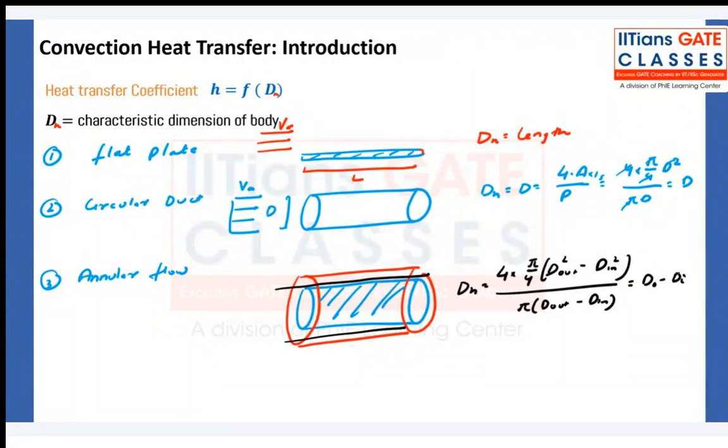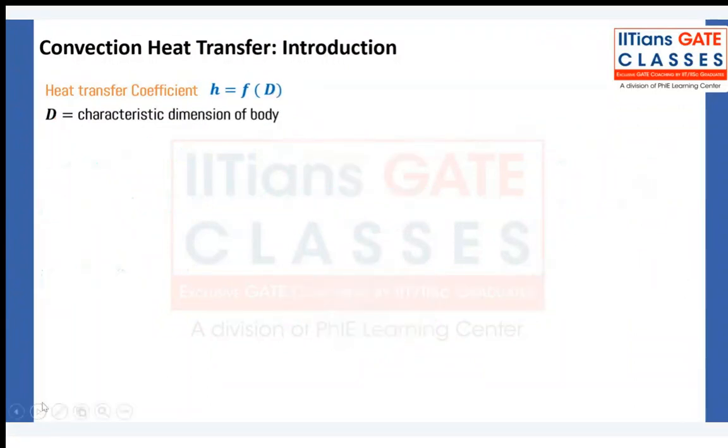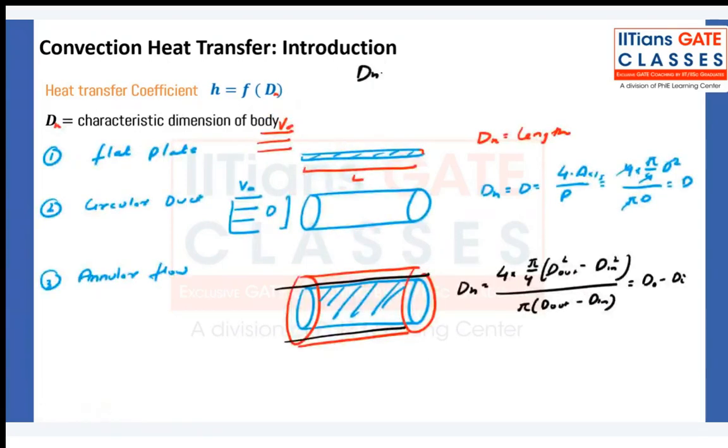Chalo. Then let's say we have a rectangular duct. DH is 4 times cross-sectional area by wetted perimeter. Yes, that is right, Shruti.